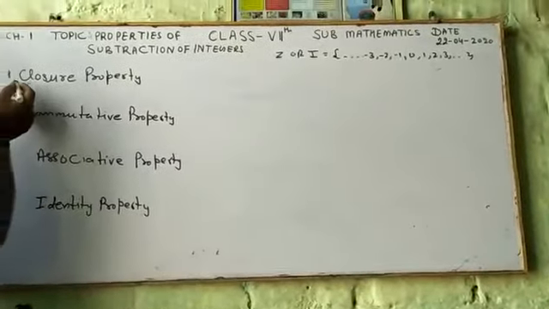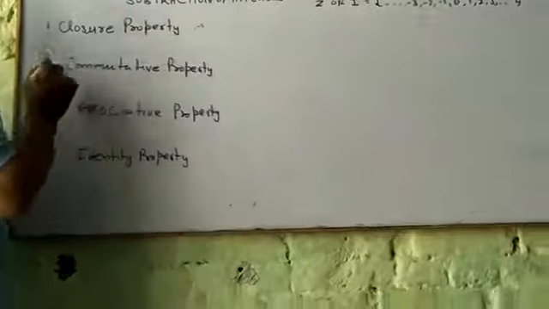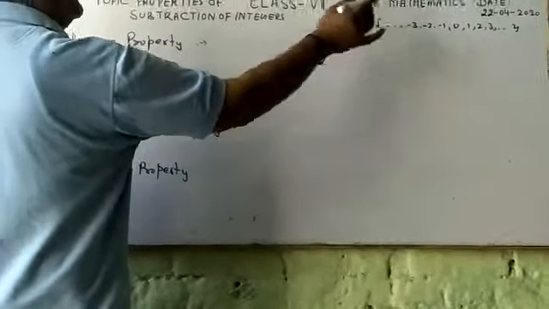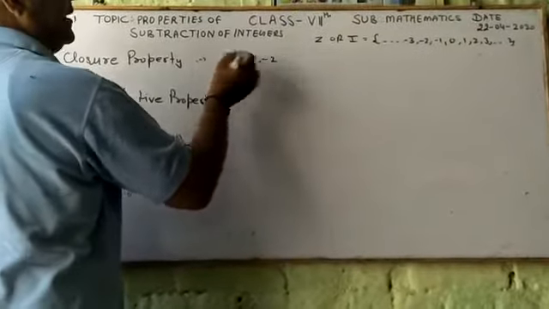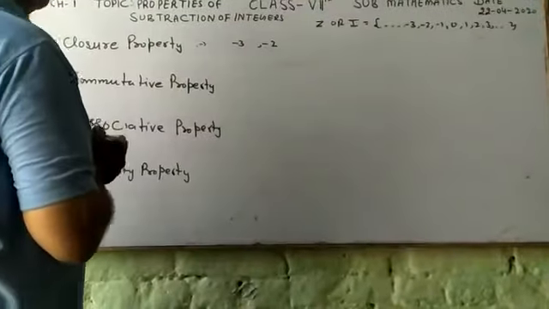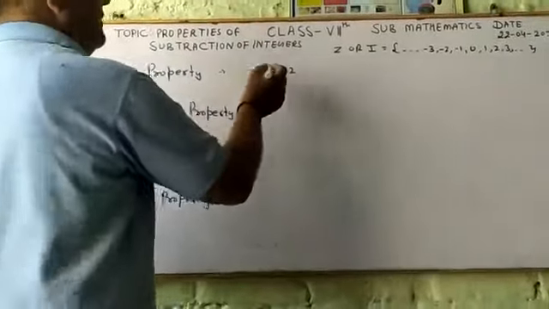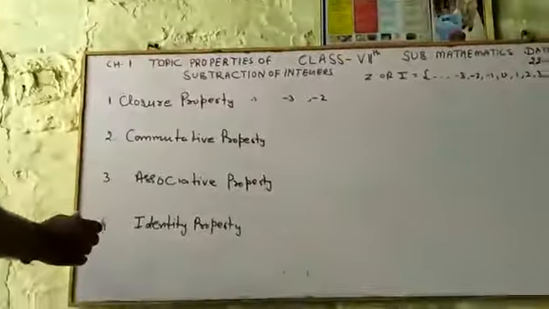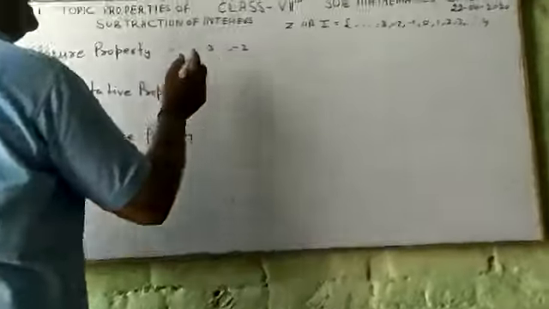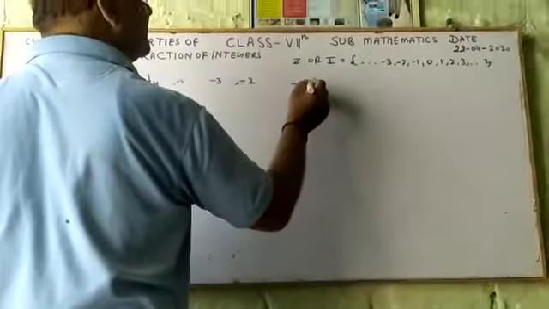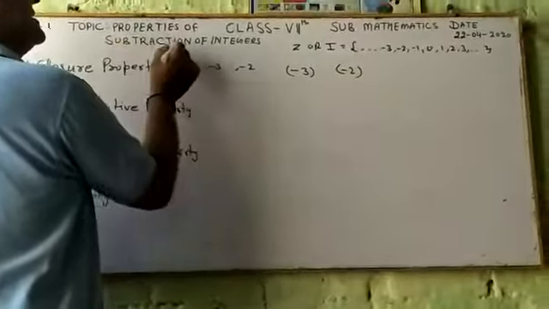The first property is the closure property. Closure property means we take any two numbers, that is -3 and -2. Both are integers. In this closure property, we take any two or more integers and find the difference between these two integers, because this is the subtraction of integers.